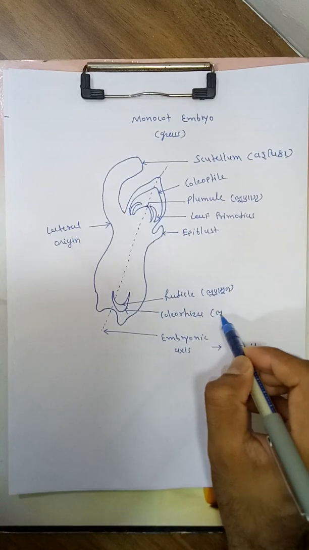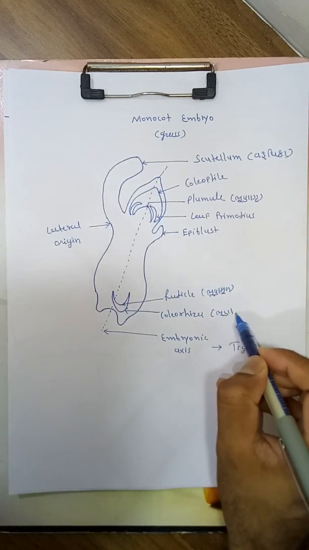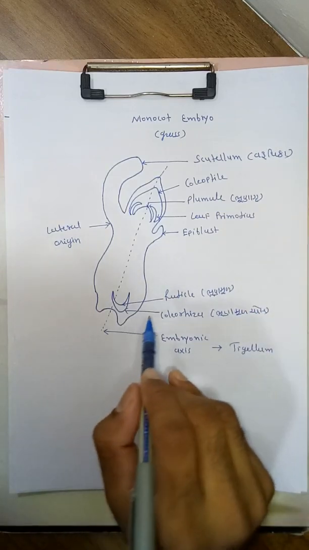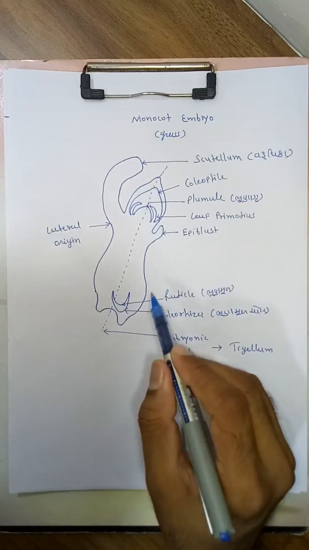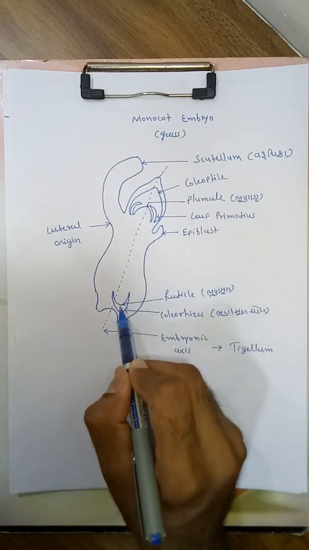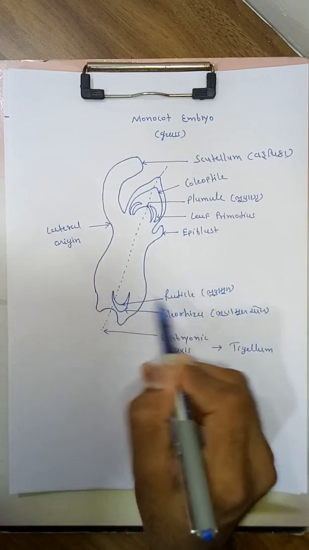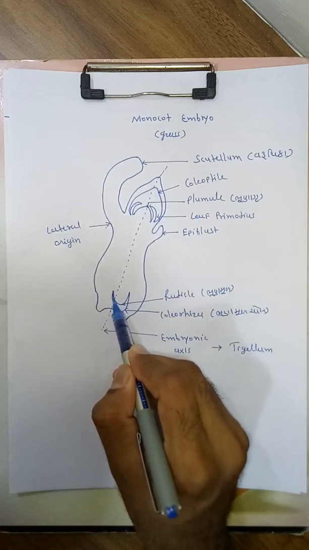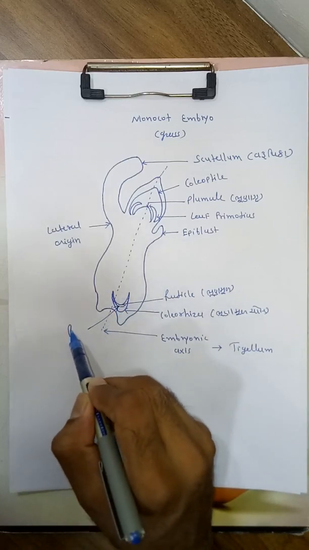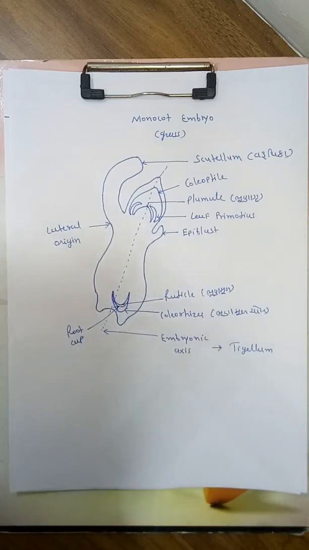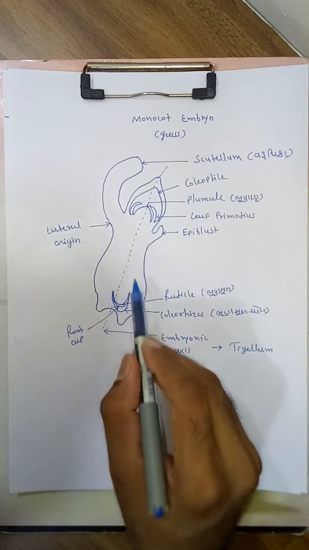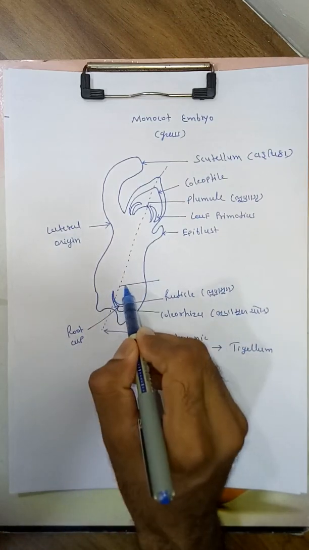ભ્રૂણમૂળચોલ. Okay, now the radicle is protected by a root cap, and the part of the axis present beneath the radicle is called hypocotyl.